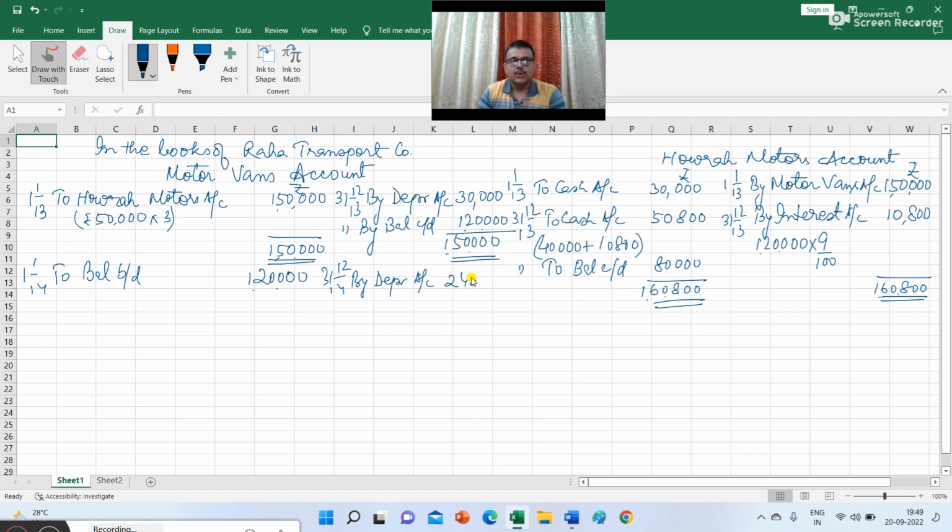So this is 24,000. And the balancing figure will be 96,000. This is the written down value of the 3 motor vans in the books of Raha Transport Company.